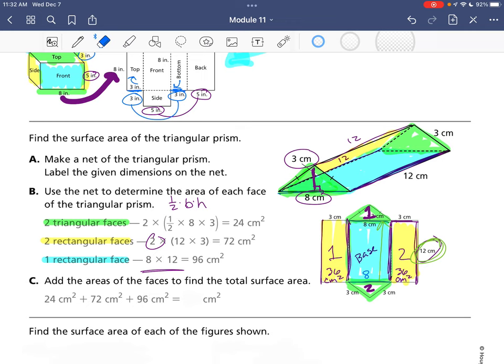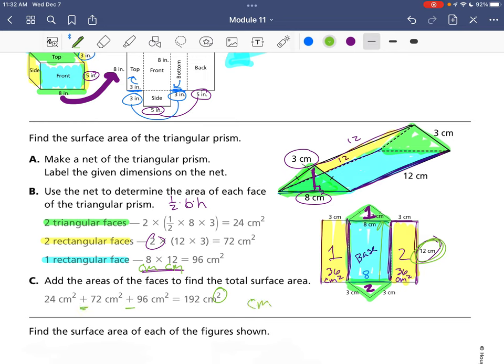And then my big blue base on the bottom, 96. Pause that video. What is adding all of those up together? What is that gonna get you? Add it all up. Watch those place values. And we end up with 192 centimeters squared. Again, we have that squared from centimeters times centimeters, and this is just addition.